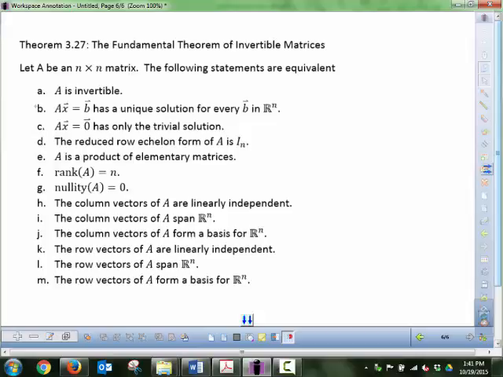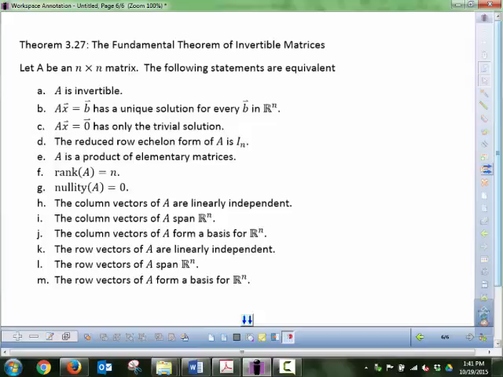You could also write A as a product of elementary matrices, which means there's an LU decomposition for this. It doesn't say that here, but there's an LU decomposition for a lot of things, and in this case it would follow for this one also. The rank is exactly the number of columns because the nullity is 0. The column vectors themselves are linearly independent.